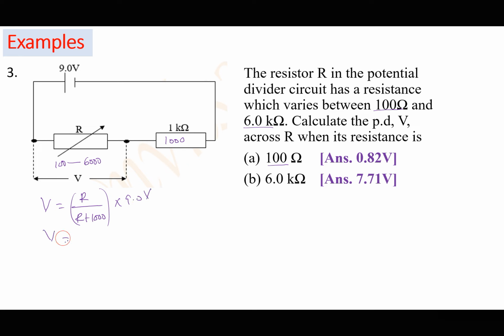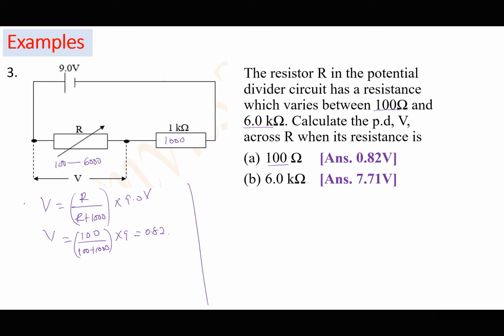So when R is 100, this is going to be 100 divided by 100 plus 1000, then I multiply this by 9. So 100 divided by 1100, then times 9. So this is 0.82.